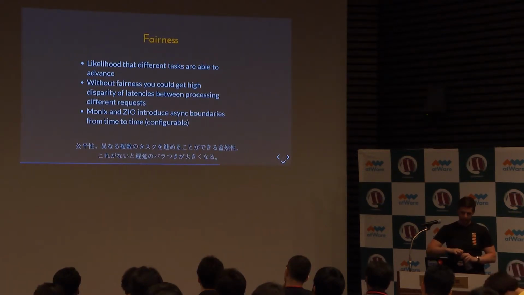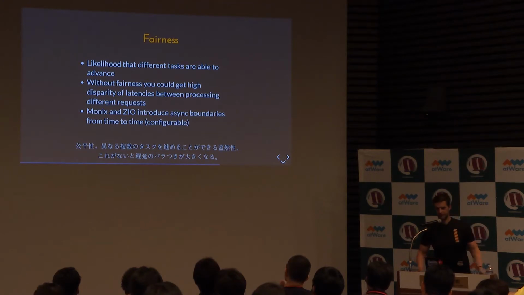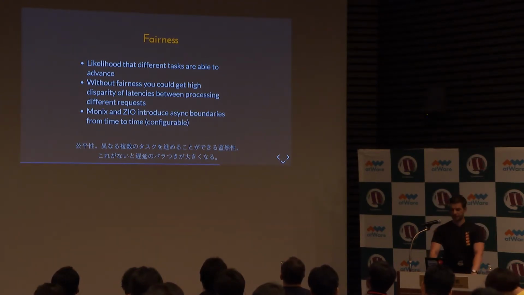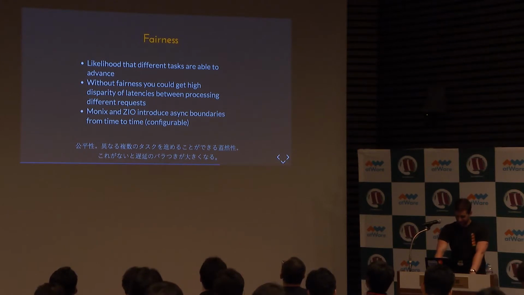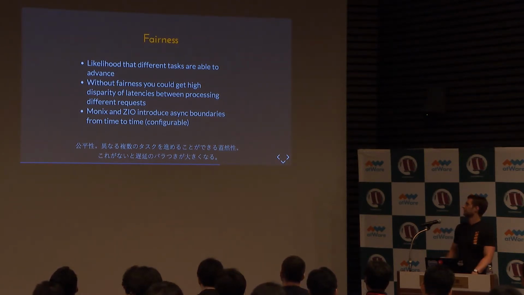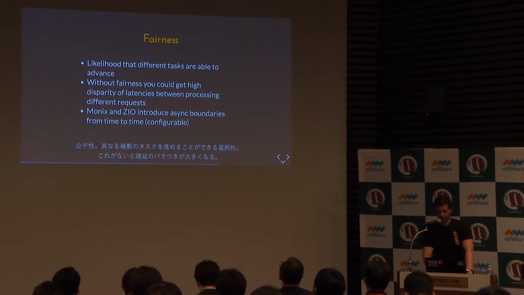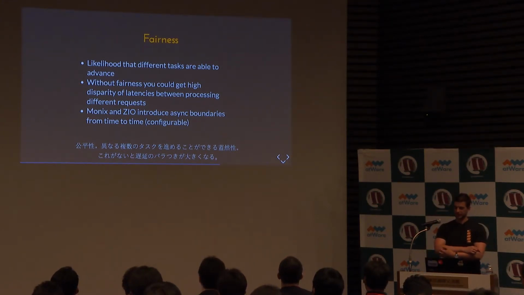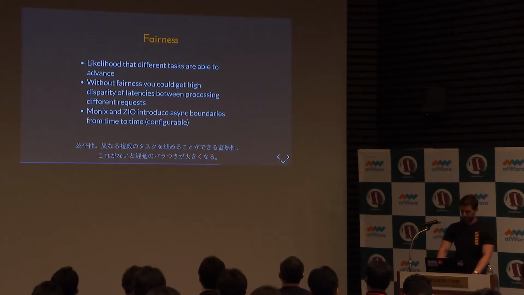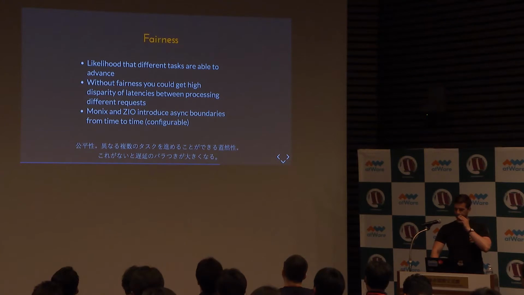Okay. So now that you are a bit familiar with asynchronous boundaries, I hope that you can understand the concept of fairness. It's about different tasks being able to advance. So for instance, the situation when not all of them could ever get a spot on the CPU is undesired. And it could lead to some consequences, like you could get a high disparity of latencies, and maybe some tasks might not execute at all.